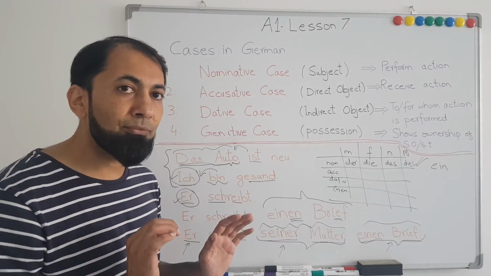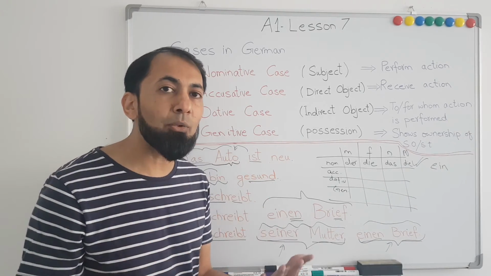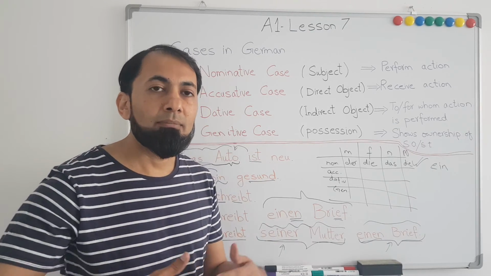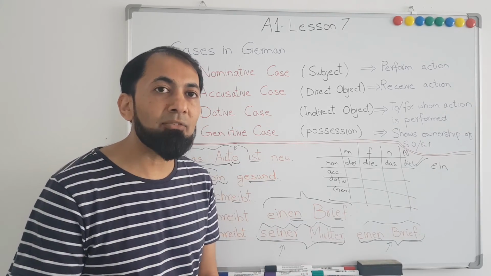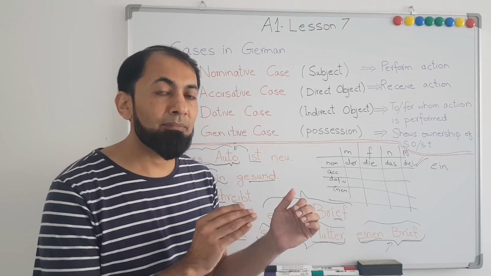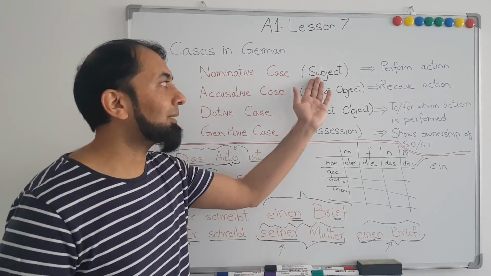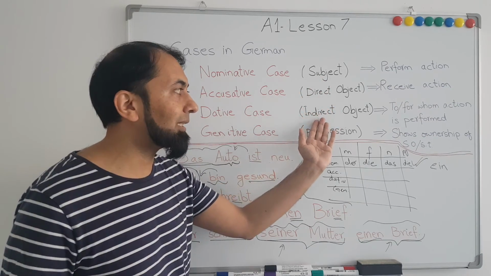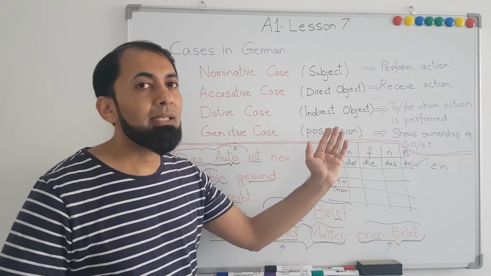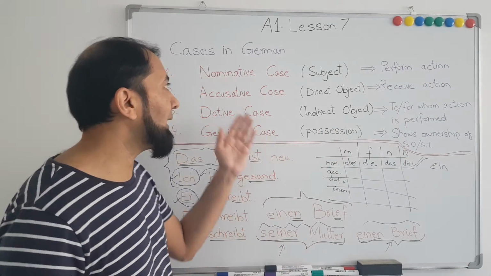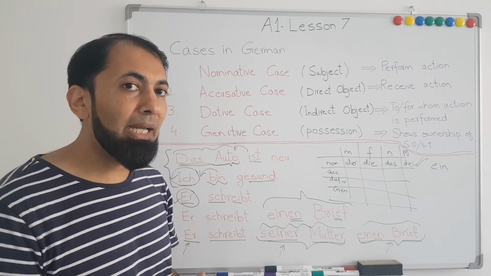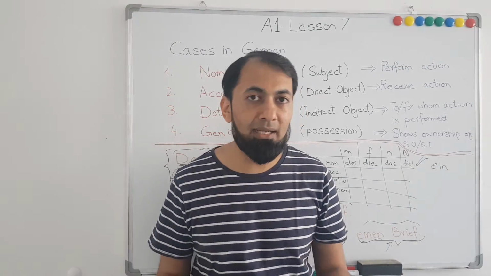So we cannot say that one particular sentence is accusative or dative or nominative. It is the part of the sentence that, depending on whether it is subject, direct or indirect object, or it is showing a possession, will be one of these four categories. So I hope this is clear to you now.